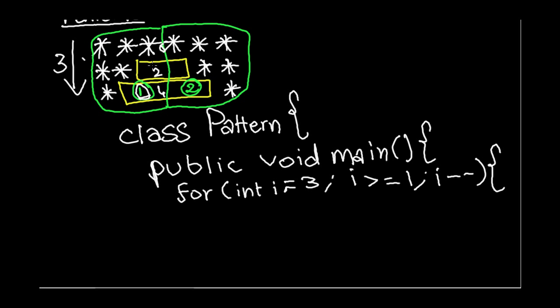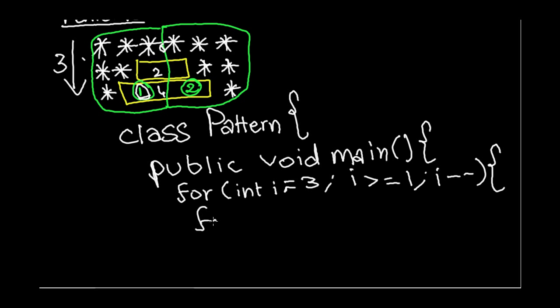We can see there are 3 stars. So the number of stars corresponds to the row number. So if we go from 1 to the row number, that many stars we have. The second row has 2 stars, and the first row 1 star.